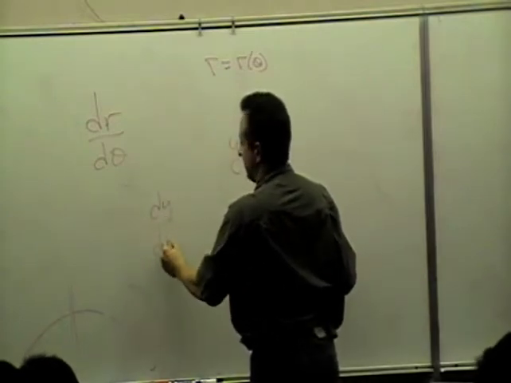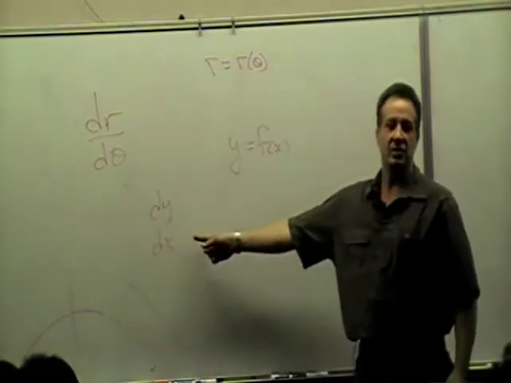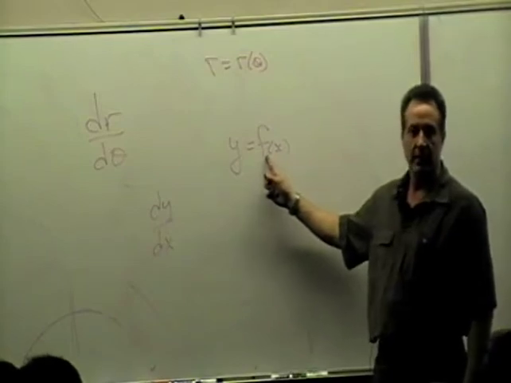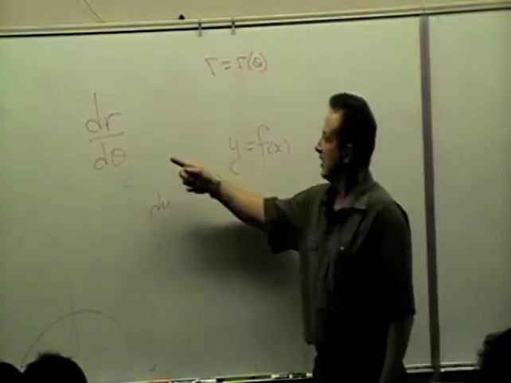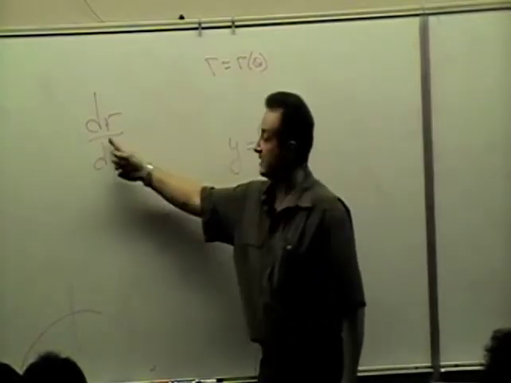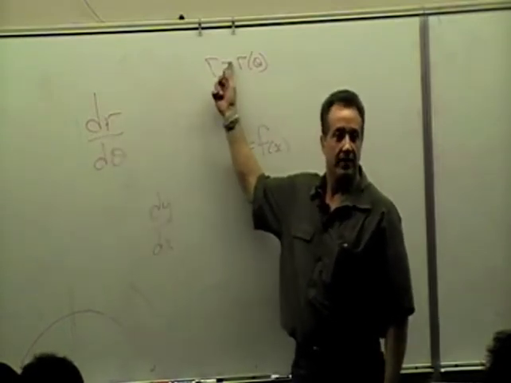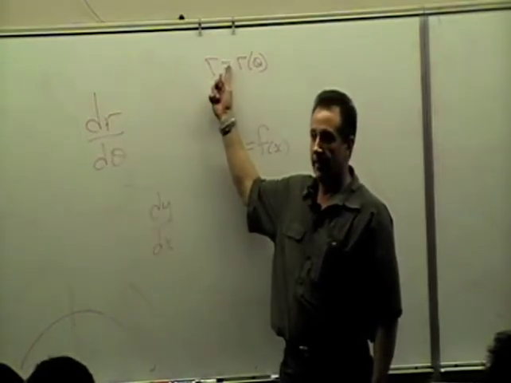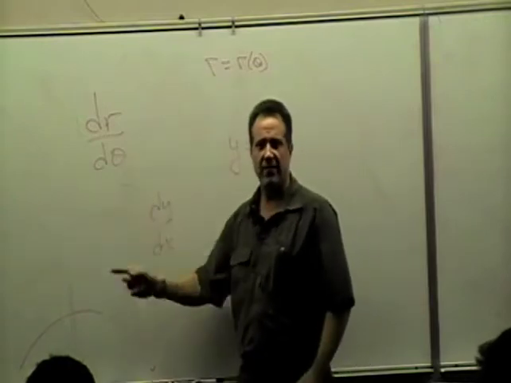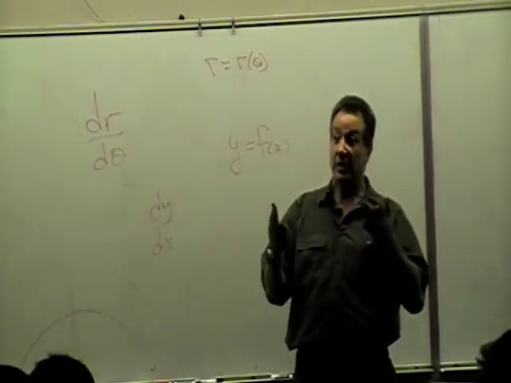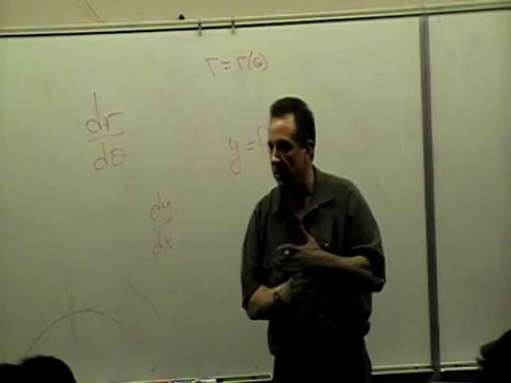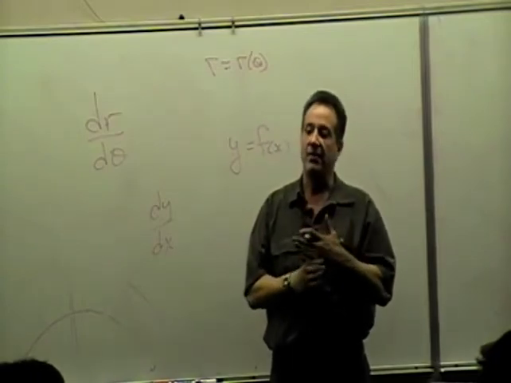Derivative of y with respect to x. Does that show me the slope of the tangent line to this curve? This is the derivative of r with respect to theta. Does this show me the slope of the tangent line to this curve? No.